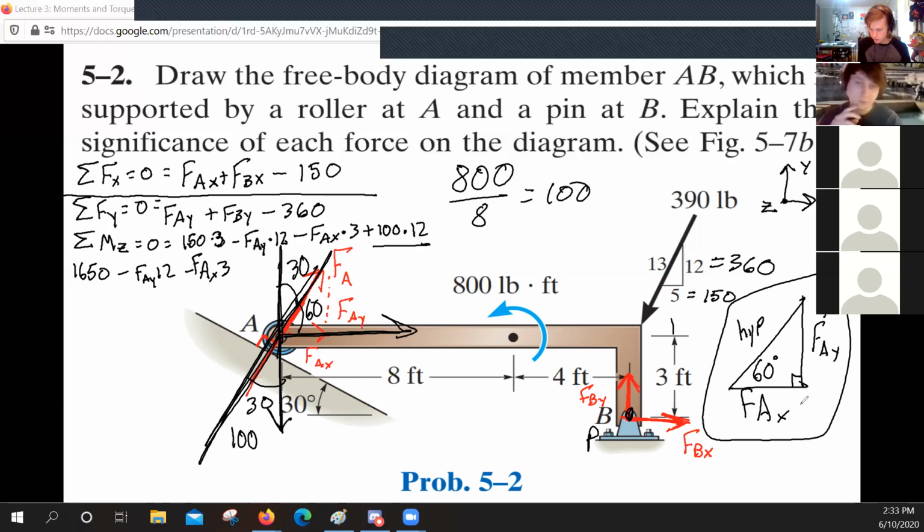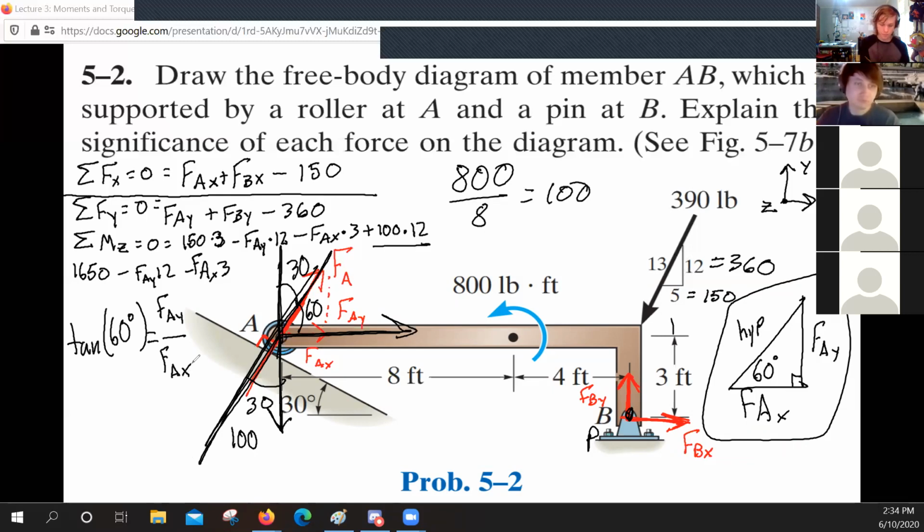I'm going to undo a bunch of stuff. There we go. Which we have these two things here. So what we're going to do is write tangent of 60 degrees equals the opposite over the adjacent, which is FAY over FAX, right?